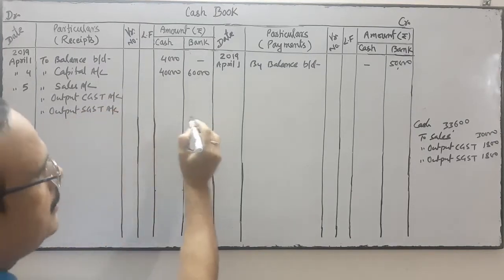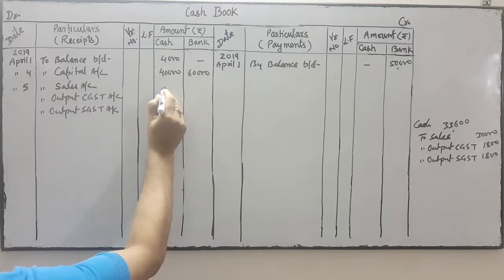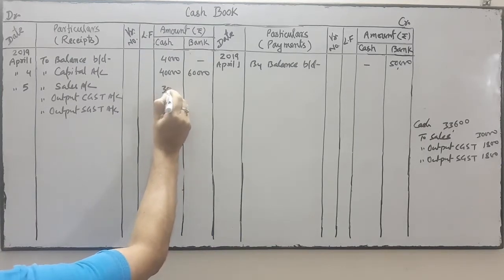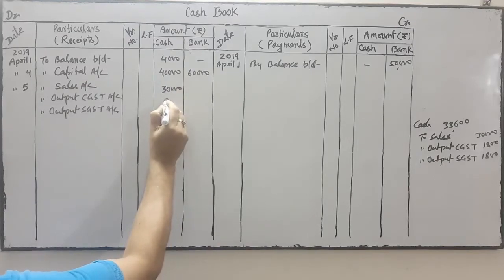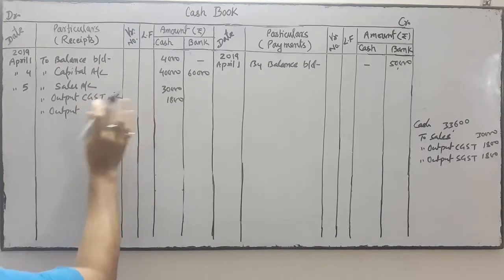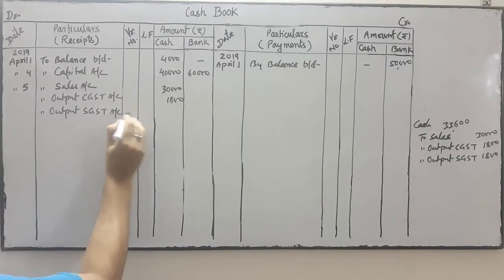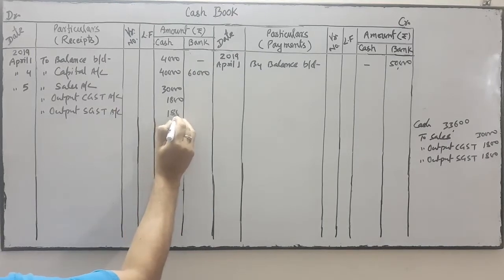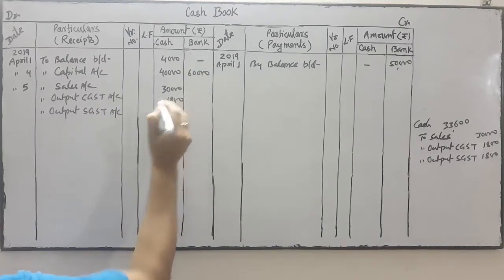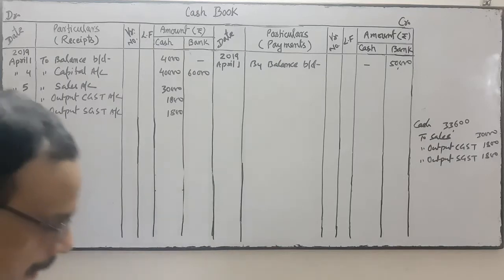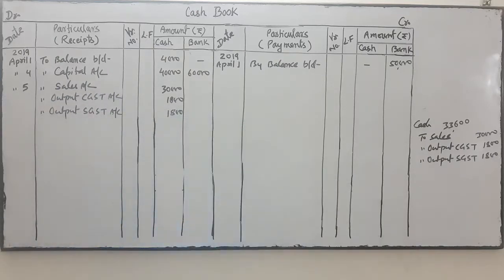We will write all these figures in the cash column. Sales is 30,000, output CGST is 1,800 and output SGST account is also 1,800. Is it clear?